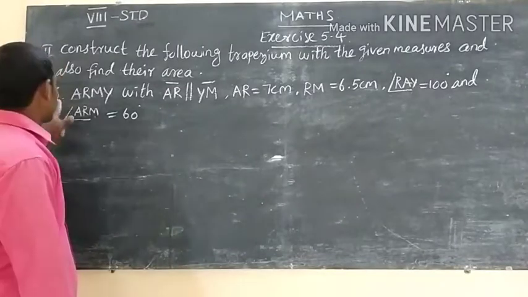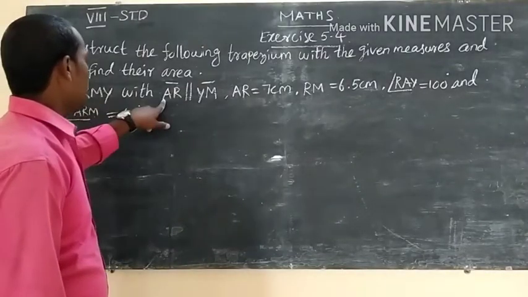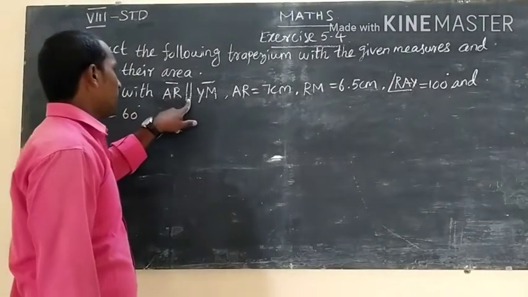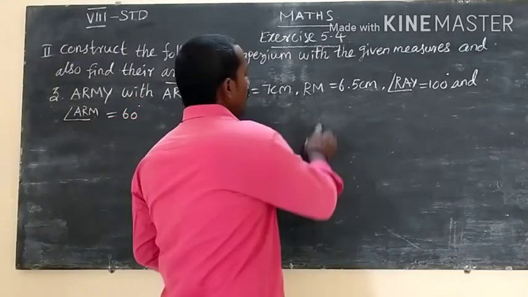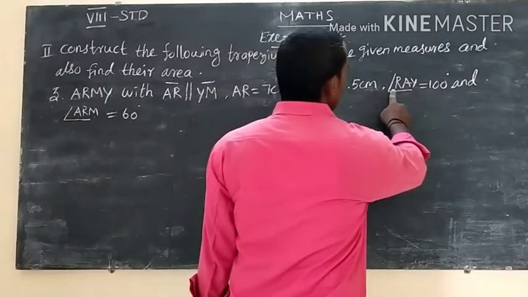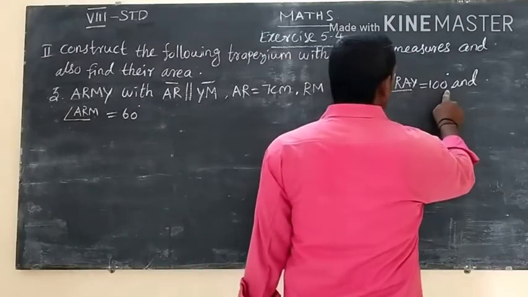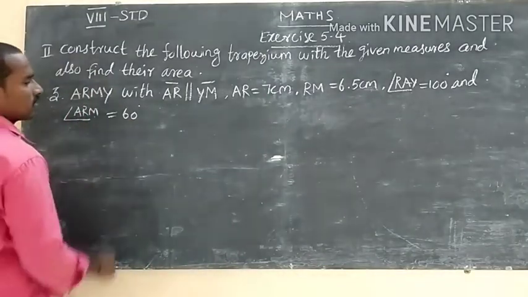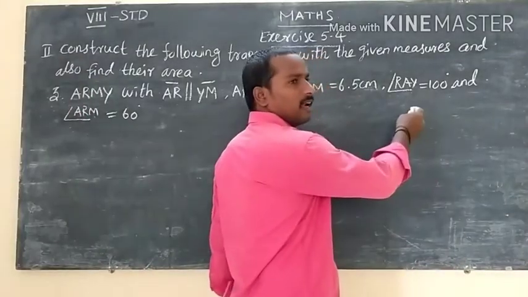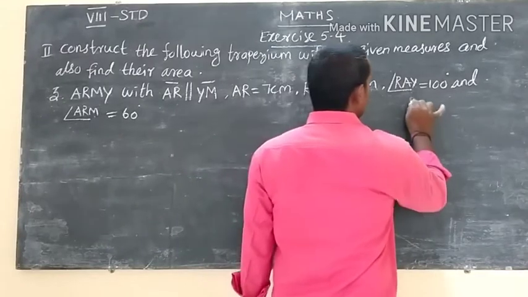Okay, next, third question. Trapezium ARMY with AR, line segment AR parallel to line segment YM. AR is equal to 7 cm, RM is equal to 6.5 cm, angle RAY equal to 100 degree, and angle ARM is equal to 60 degree. First draw the rough diagram, use the given measurements.